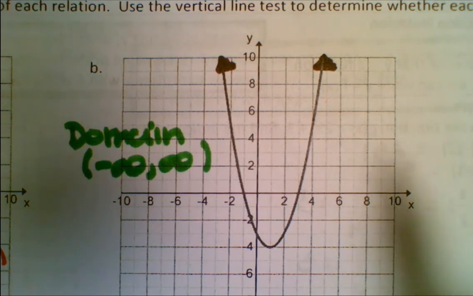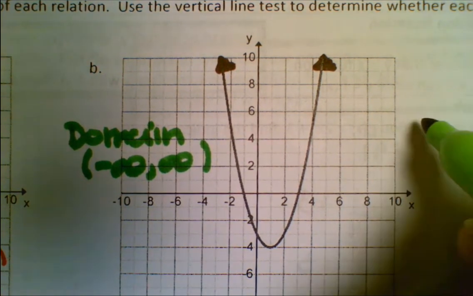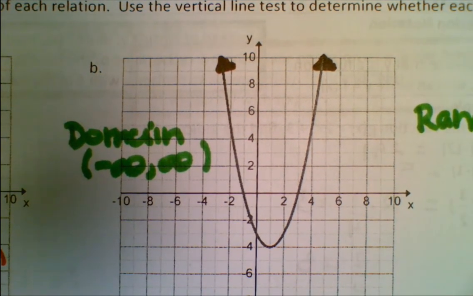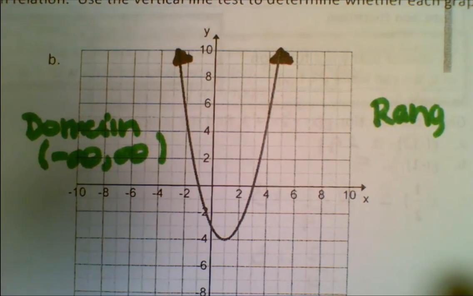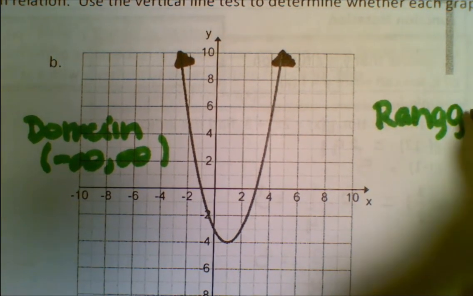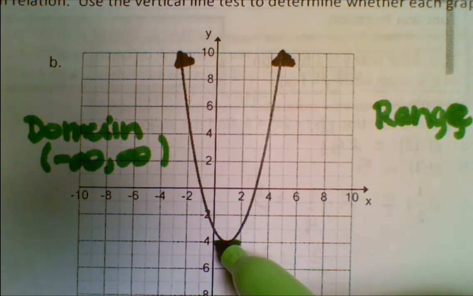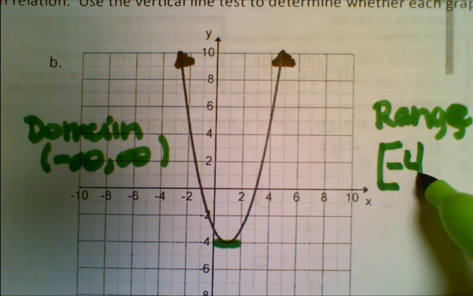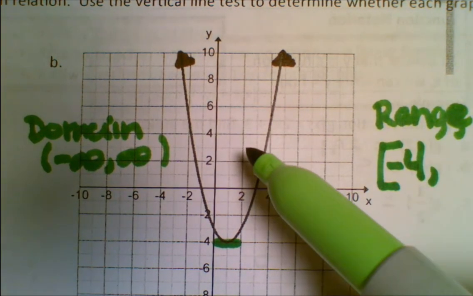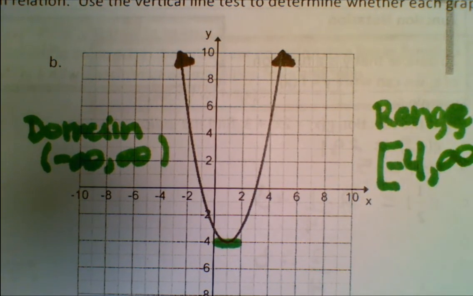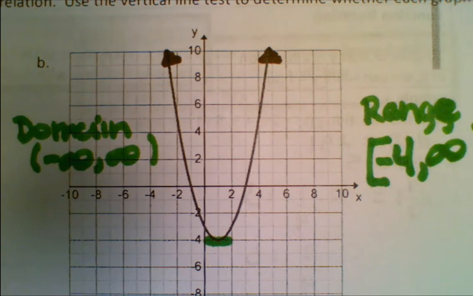And then our range, we're going to look along the y-axis. As we start from the bottom, working our way up, we notice that this parabola starts at -4, and as we keep going upward, upward, upward, it goes to positive infinity with the closed parenthesis.